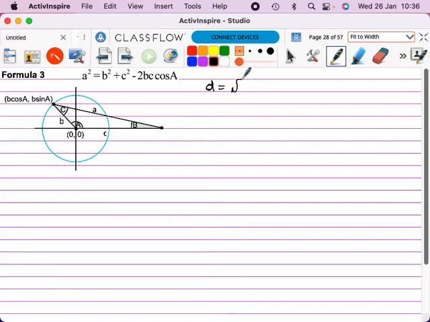Let me remind you, that's the distance equation in the coordinate geometry section of your formula books, on page 18. The distance between 2 points is the square root, open bracket, of x2 minus x1, all to be squared, plus y2 minus y1, all to be squared. Okay, easy enough.